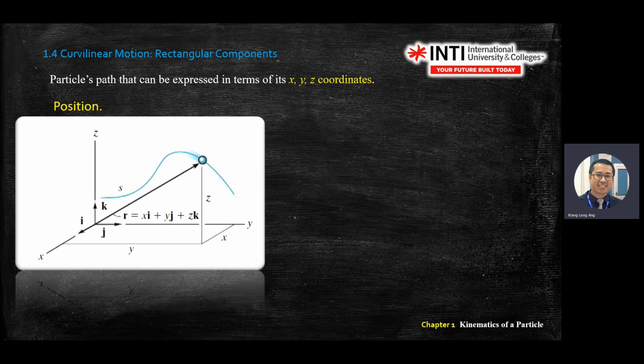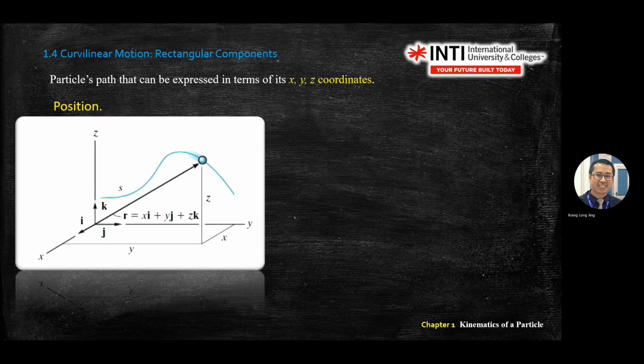Okay, so the blue means the path, s means the path, and let's say these are particles. When you study that particle, you freeze that particle, and you can define the position by using vector form: r equals xi plus yj plus zk.